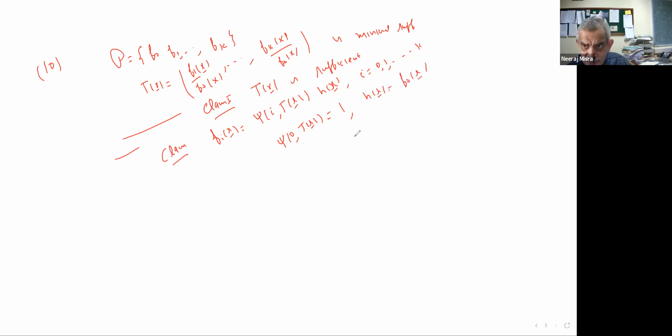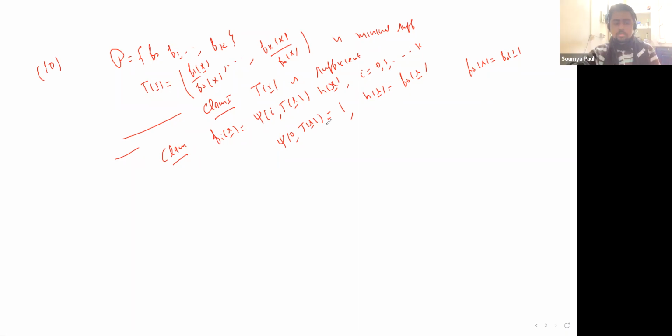So why is this 1? Because I'm writing down F0x as only F0x. Tx is a function of F1x upon F0x, ..., Fkx upon F0x, but psi 0 is not a function of T because in F0x there is no F1x upon F0x and so on coming.